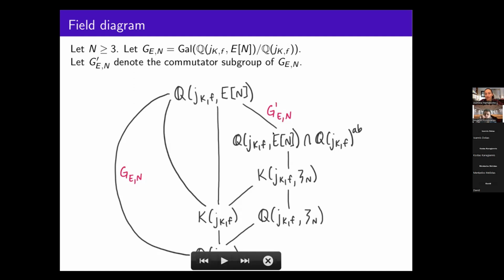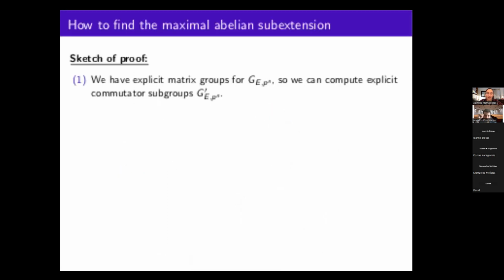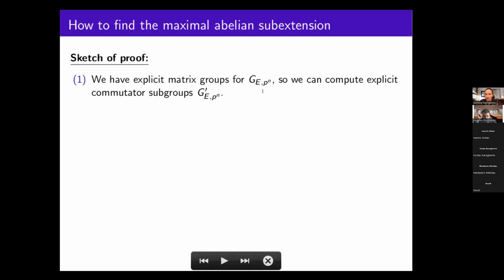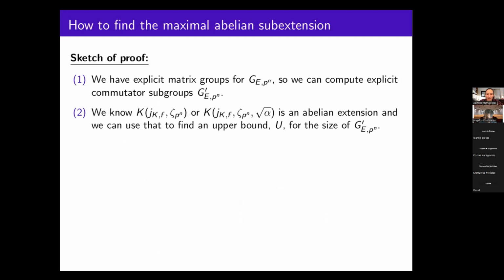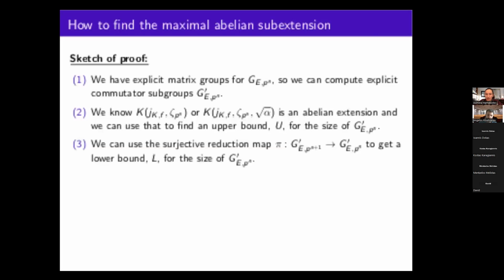So I'll outline that, I think. Oh, yeah, I do here. So we have explicit matrix groups for these images, so we can compute explicit commutator subgroups. And so these are the two possible abelian extensions we talked about. We can use the degree over Q adjoin J to find an upper bound for the size of the commutator subgroup.